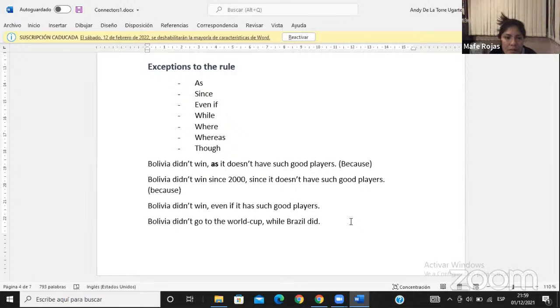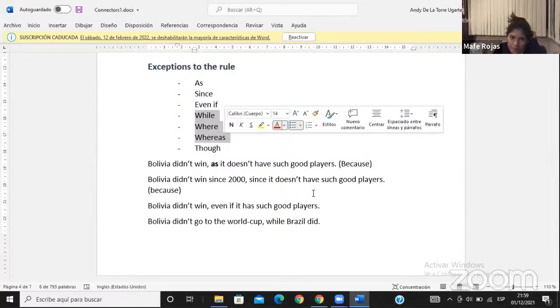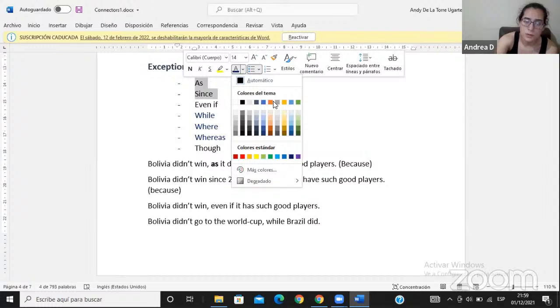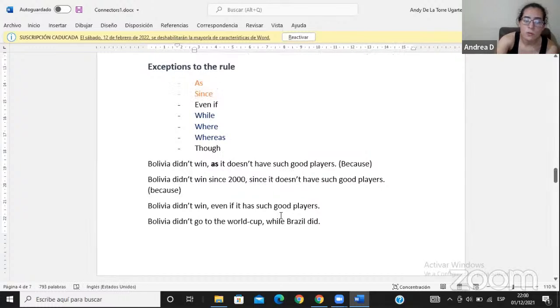So while, where, and whereas, all of this, the three of them mean the same. They all mean opposition, two things that are different from each other. So Bolivia didn't go to the World Cup where Brazil did. Or Bolivia didn't go to the World Cup whereas Brazil did.